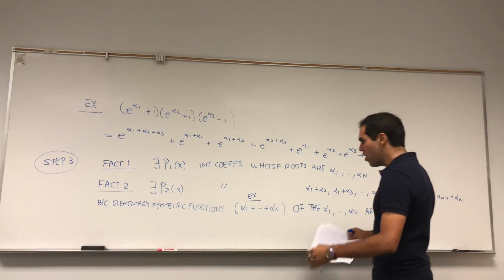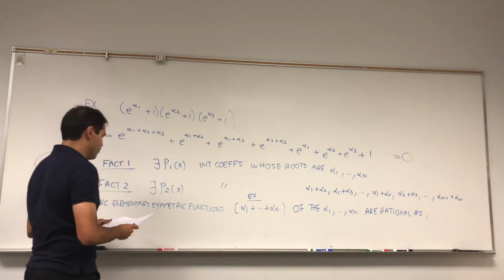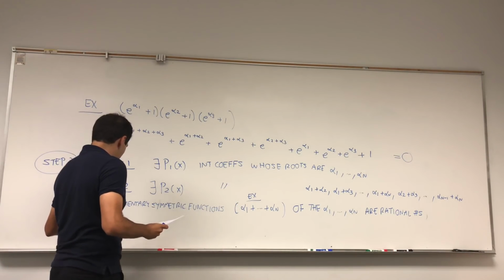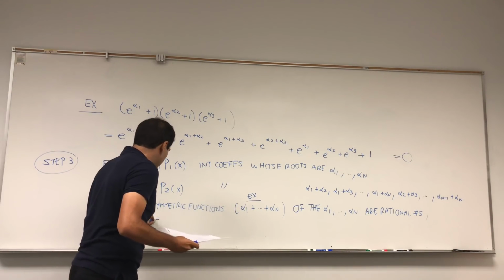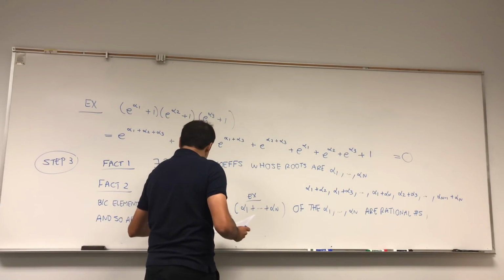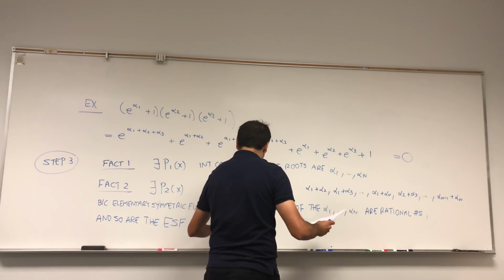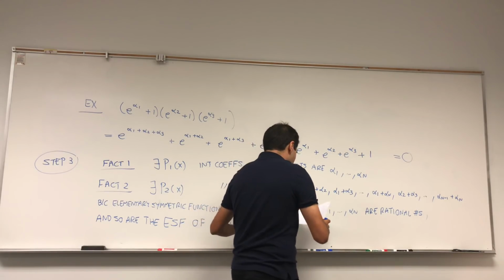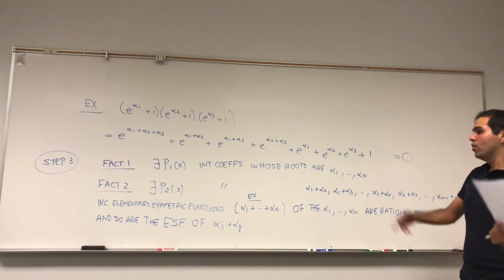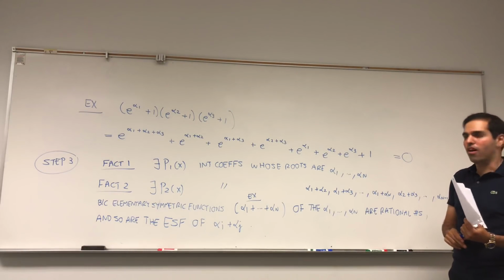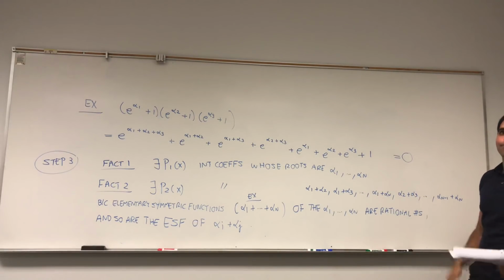And so are symmetric functions of sums of two terms, the elementary symmetric functions of alpha i plus alpha j. And it turns out because of this fact, one may construct such a polynomial whose roots are exactly those things.